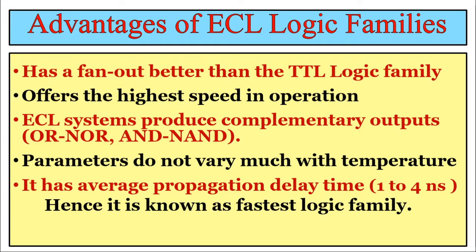ECL systems produce complementary outputs, for example, OR, NOR, and NAND, etc. The parameters do not vary with temperature. It has an average propagation delay time of about 1 to 4 nanosecond, which is better compared to both TTL and CMOS families, and hence it is known as the fastest logic family.